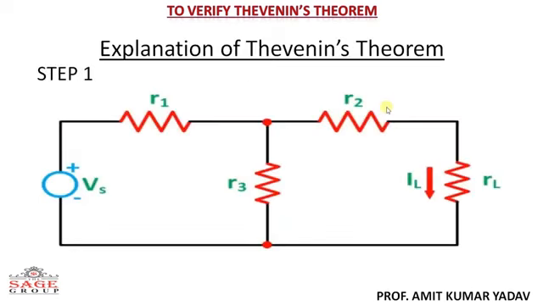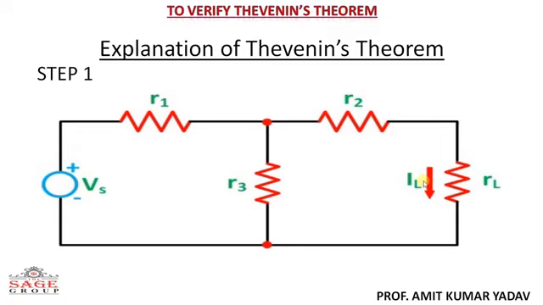Okay, now suppose we have a network. In this network we have a single source and there are so many loads R1, R2, R3 and RL. Now in this network, suppose you have to calculate the current of this particular load RL. Suppose its current is IL.